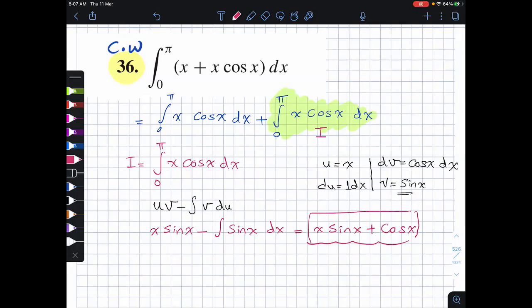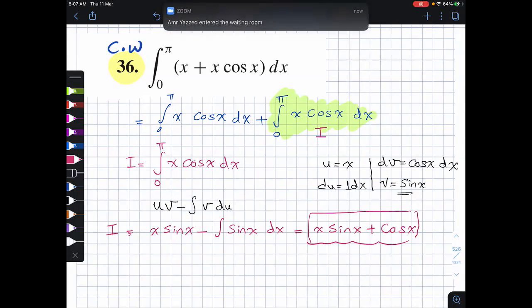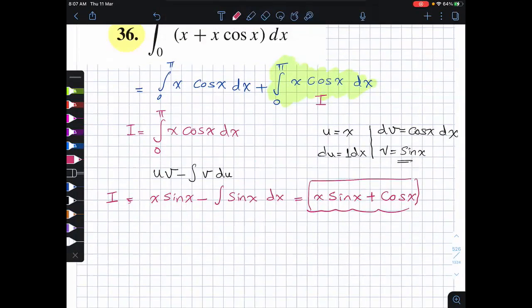We will take this value, which is the value of I, and write it back in step number 1.